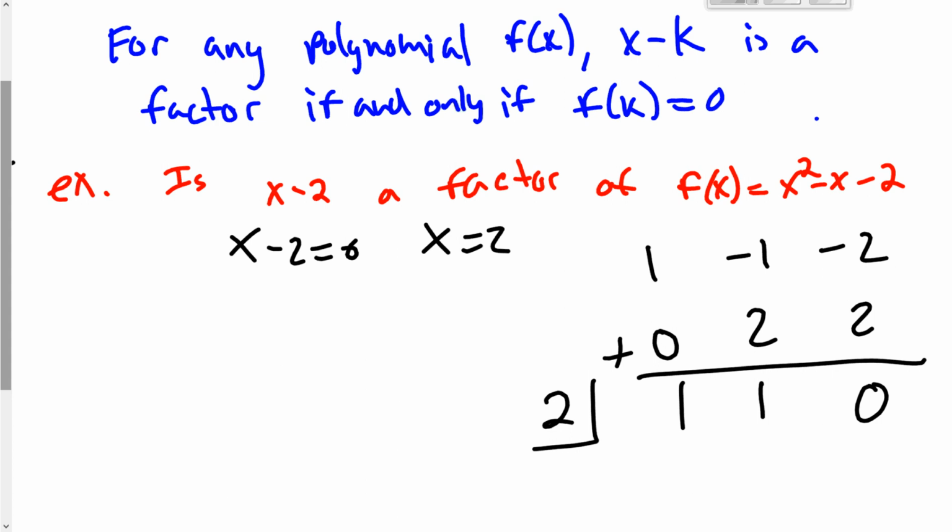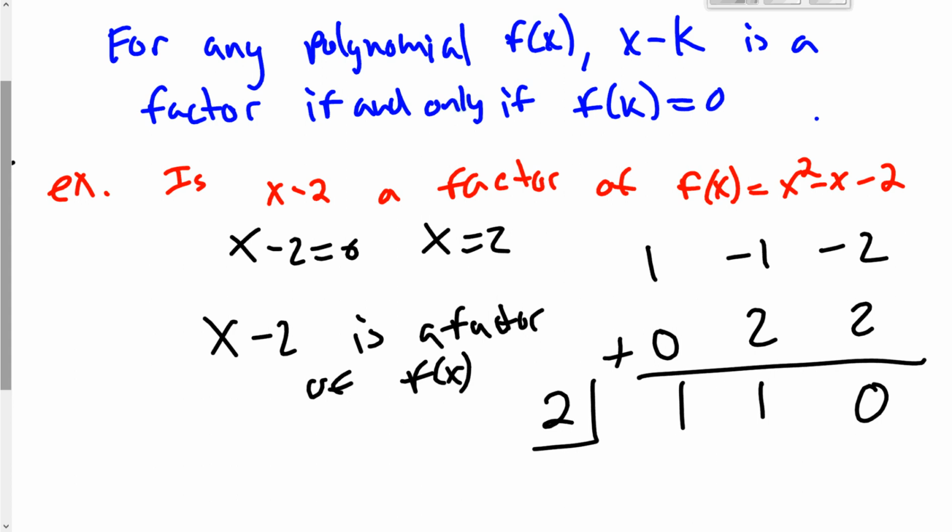We learned from the last section that this means 2 is a zero, or a solution, or x-intercept. Since I got 0 as the remainder, that means x minus 2 is a factor of f of x, of that polynomial.